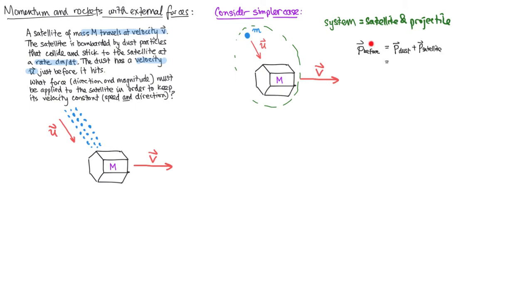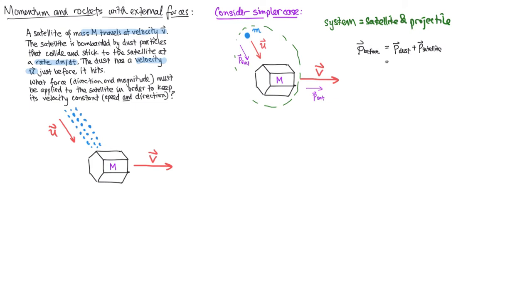Here the momentum before the collision is the momentum of the dust plus the momentum of the satellite. The momentum of the dust is parallel to the dust velocity, and the momentum of the satellite is parallel to the satellite's velocity.